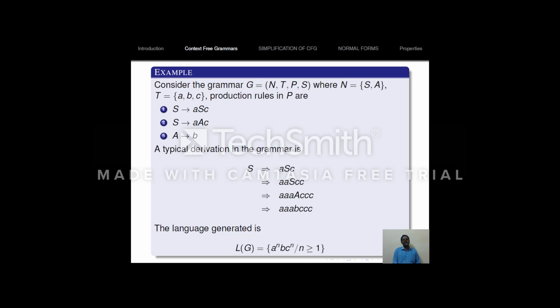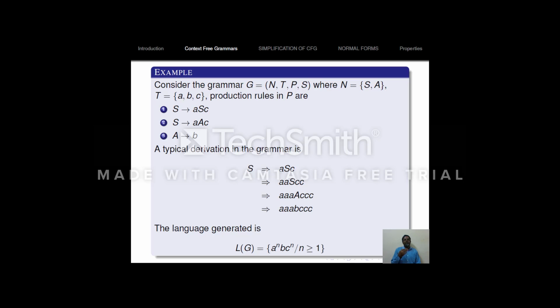And another S production does the same, one small a on the left and small c on the right, but instead of S we have another non-terminal called capital A. So for every a, there will be a corresponding c in the words generated by the grammar. Now, when we want to terminate, we apply the last rule, third rule, A goes to b.